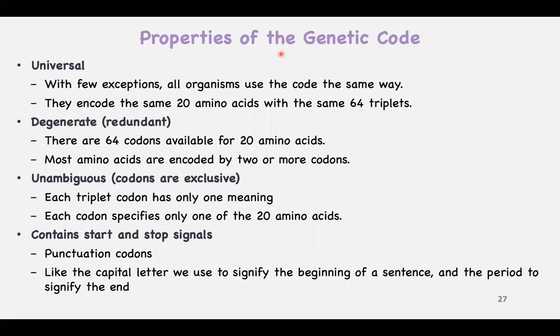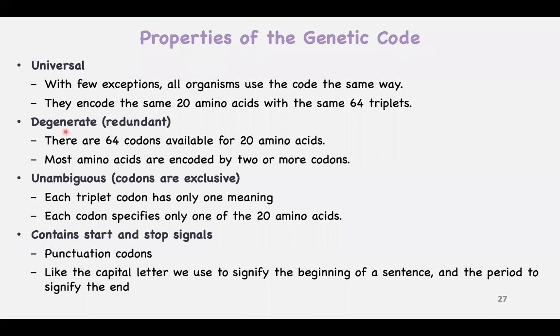Okay. So what are the properties of the genetic code? It has to be universal, with a few exceptions. All organisms use the code the same way, so they encode the same 20 amino acids with the same 64 triplets or 64 codons.